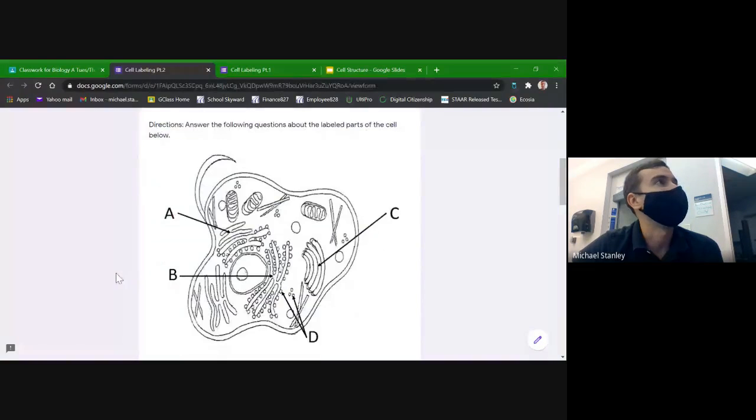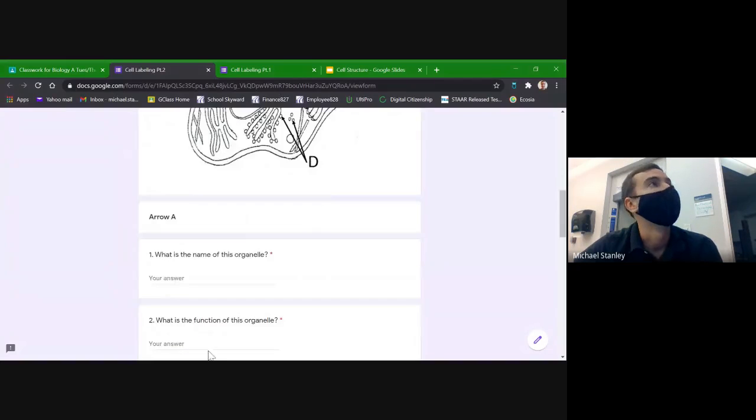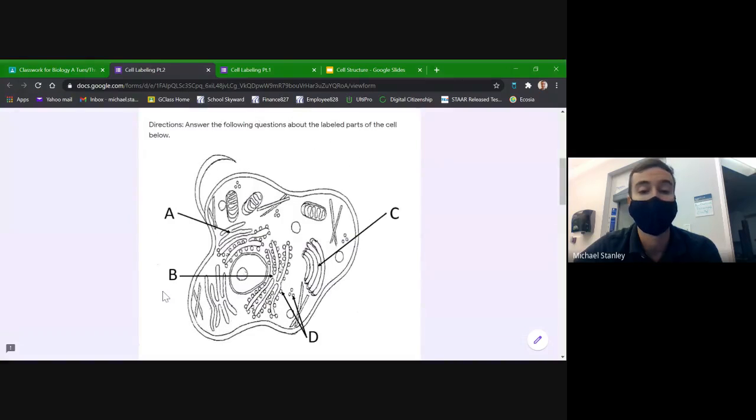So we have this A and this B and this C and even these little D's right here. But exact same structure of questions. For each arrow, I want you to tell me what's the name of this organelle and what is its function? What is the main thing that it does for the cell?